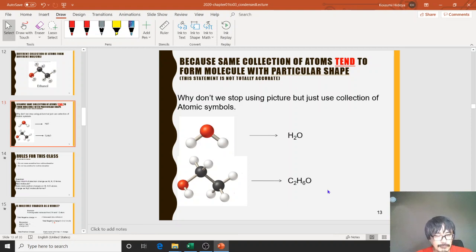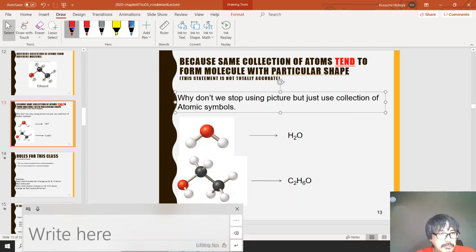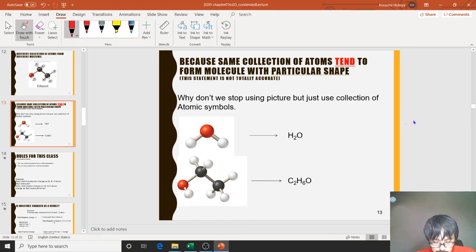Now, if I have 2 water molecules, something like this, then you write 2H2O.